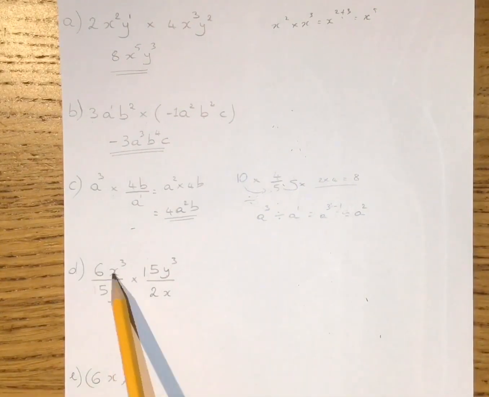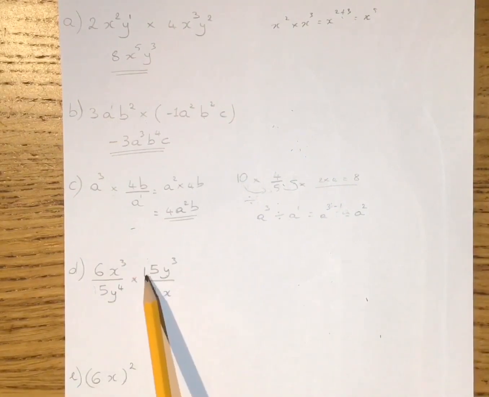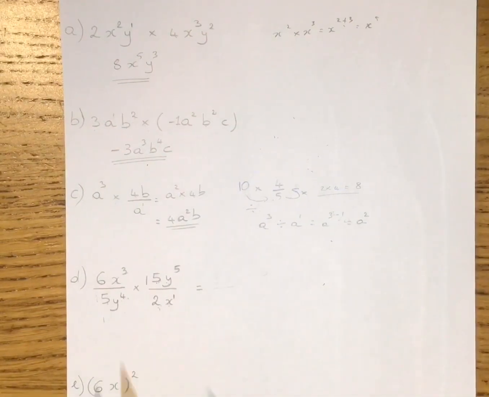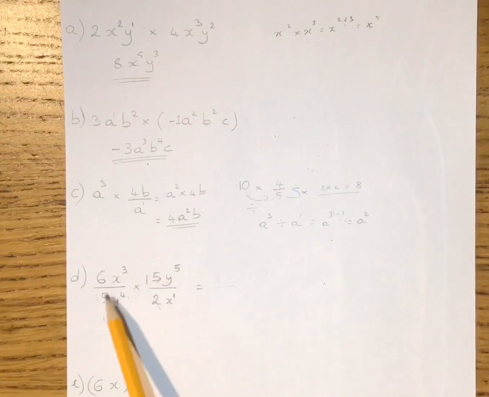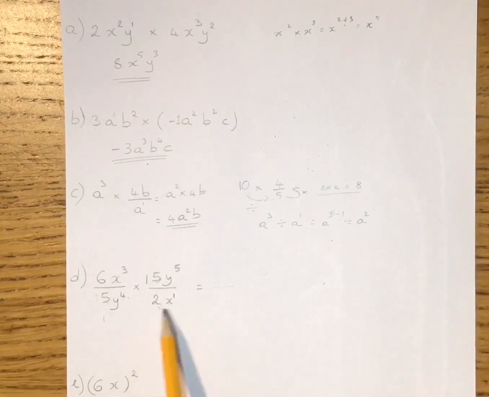Next, we have 6x cubed divided by 5y to the power 4 times 15y to the power 5 divided by 2x.